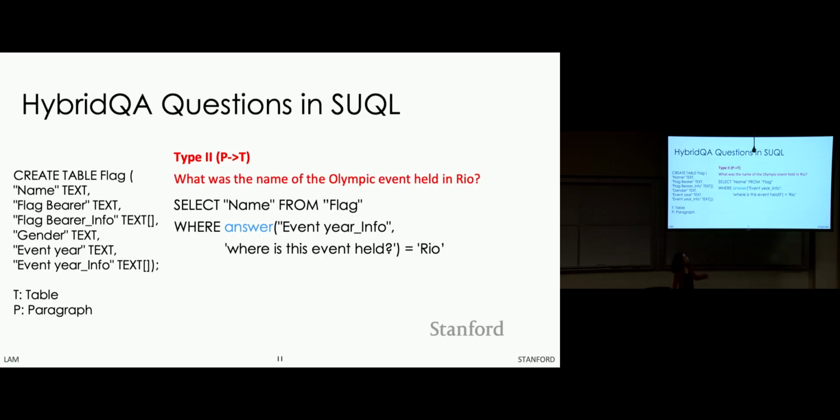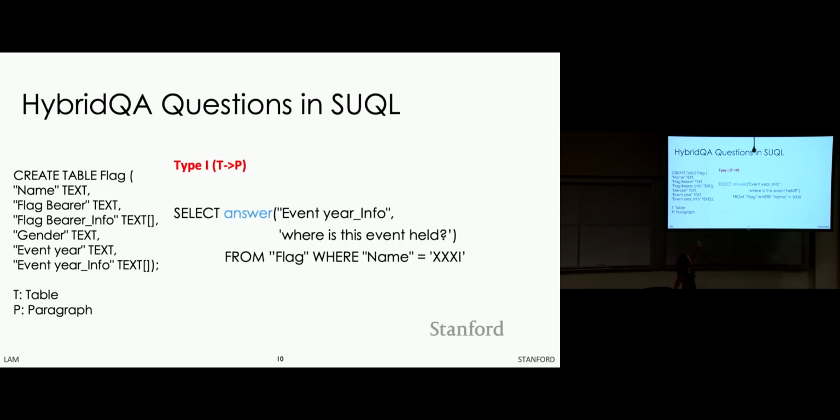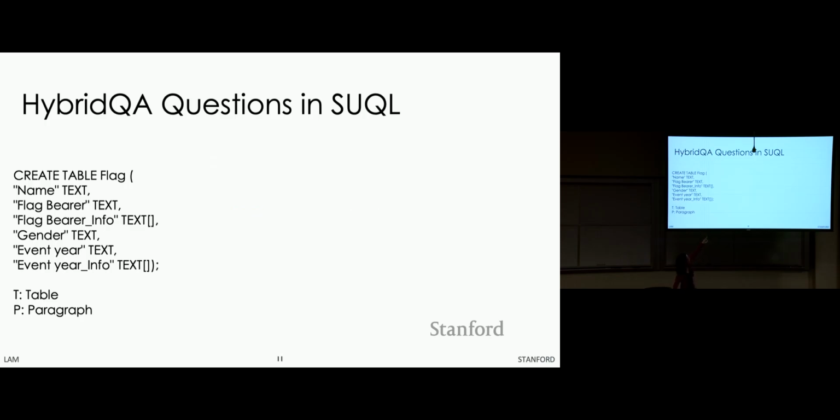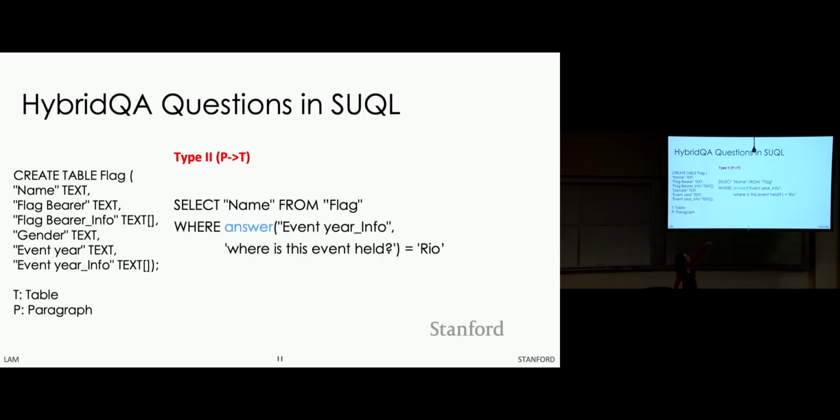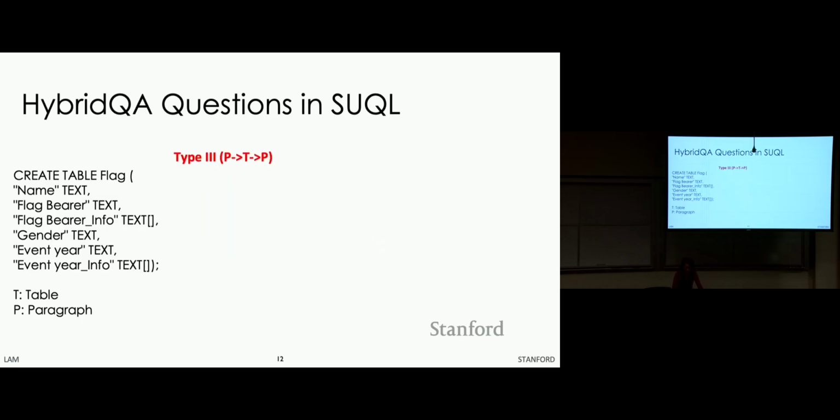Okay. So the last one, you were going from the table to the paragraph, and here you're going from a paragraph to the table. Okay, it's all compositional. If you look at the English sentence, it could be any of these things. It's very natural, but you need to compound the search, the access.